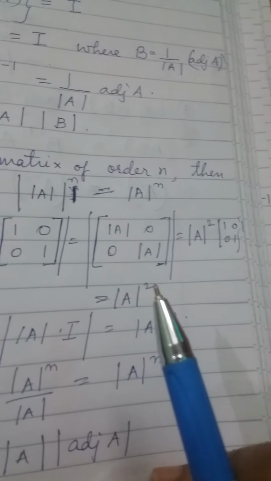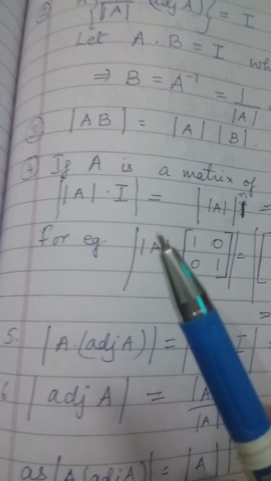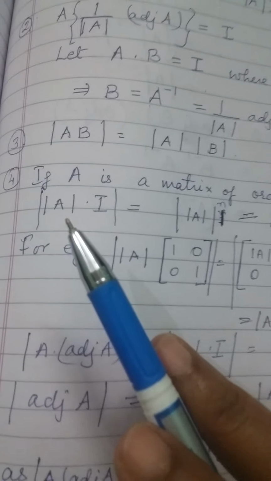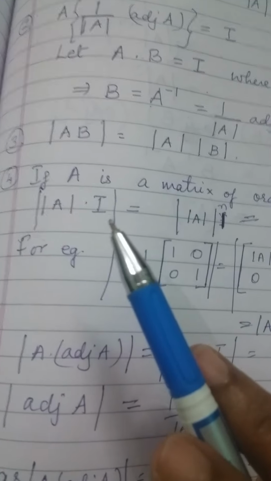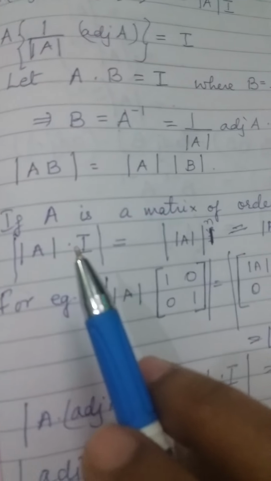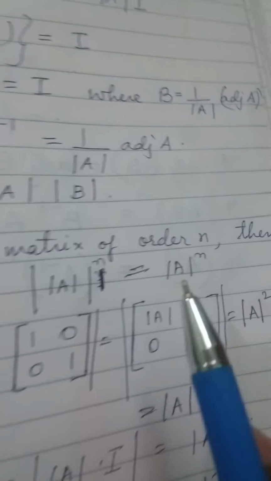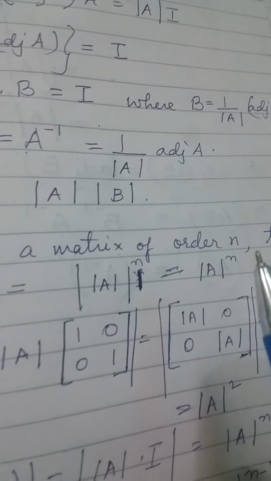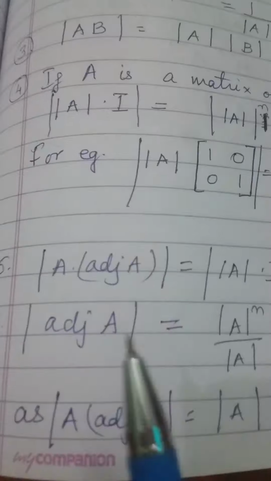So determinant A to the power 2 corresponds to determinant of determinant A into I, where I is of order 2. Similarly, if I take I of order n, the value of this will be determinant A to power n. Related to the same property, we will move on further.